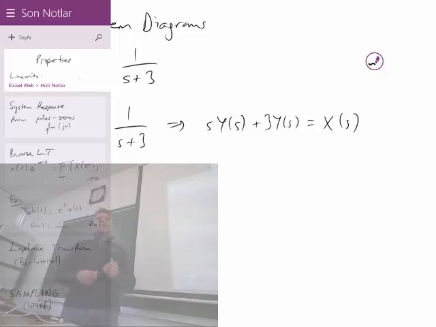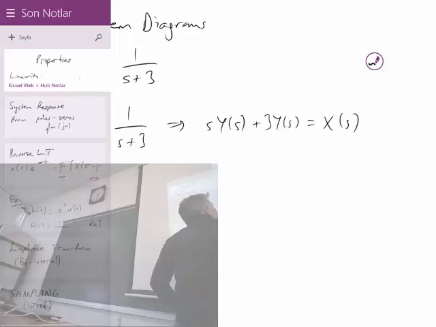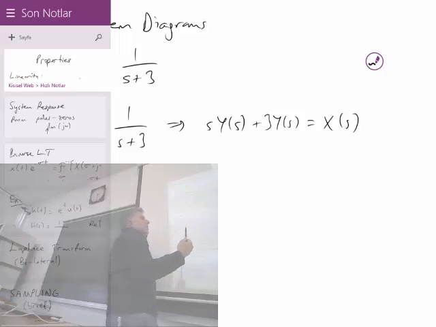Now, no matter how high an order it may have, this is a first order system. It's a first order system, which means that the maximum s polynomial coefficient which multiplies y of s is equal to s. It could be s squared, s cubed, whatever, for higher order systems.